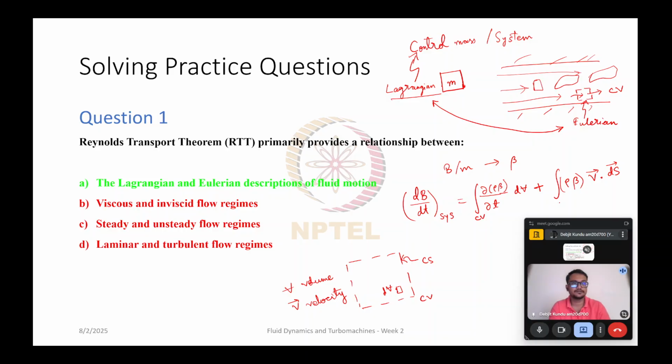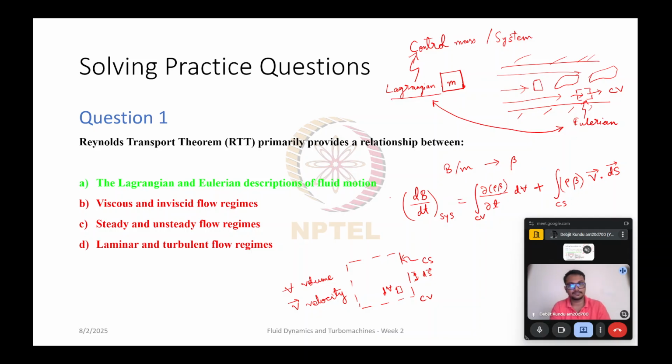This is integrated over the control surface, and some elemental portion of the control surface is dS, a vector with the direction out from the control volume.